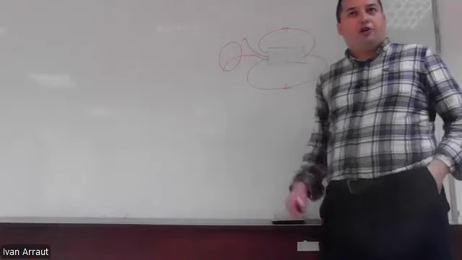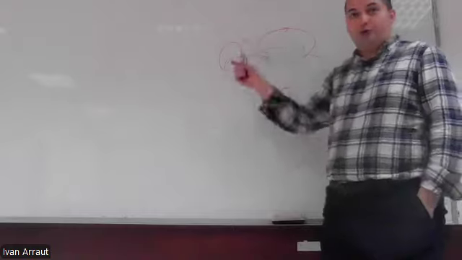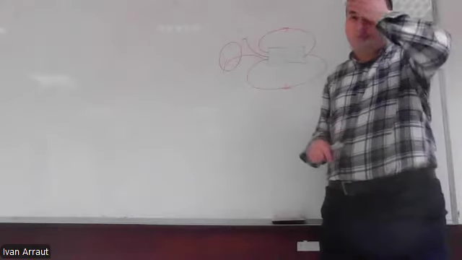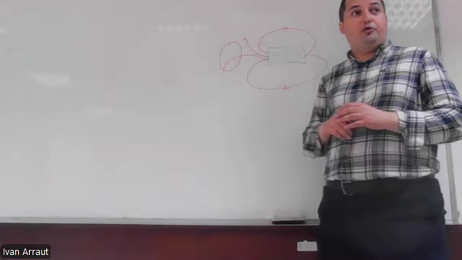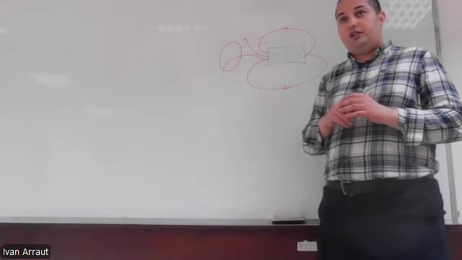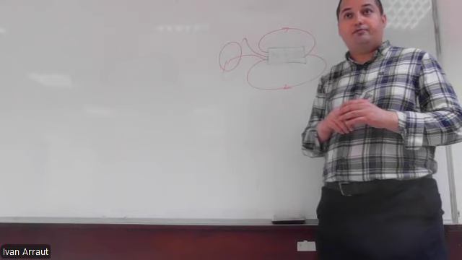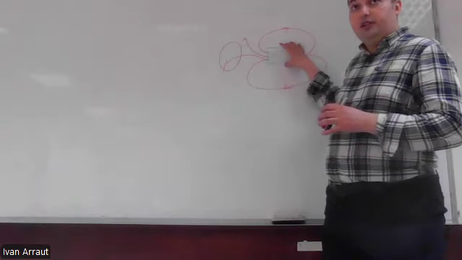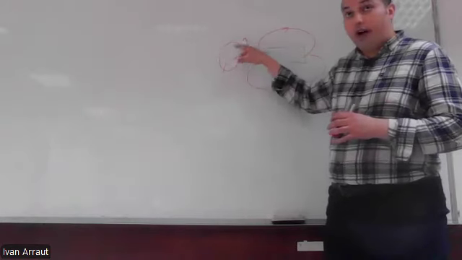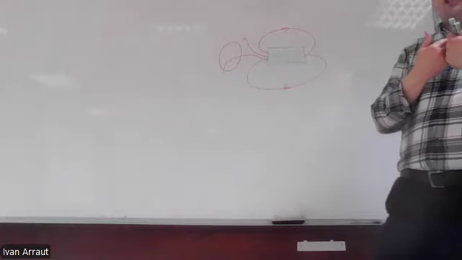What is the direction of that current? Do you have any clue? Is it this way or the other way? I will give you some clues. The tendency of any system in nature is to keep the initial condition. When I approach this magnet to this wire, the wire is feeling that the magnetic field lines are increasing.